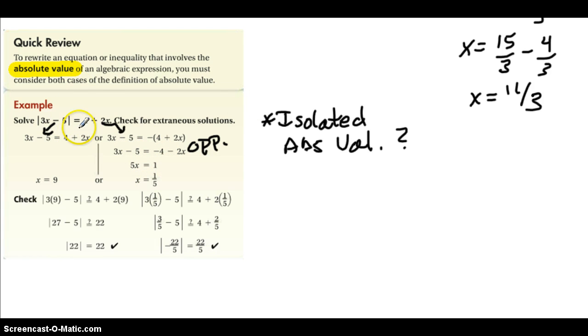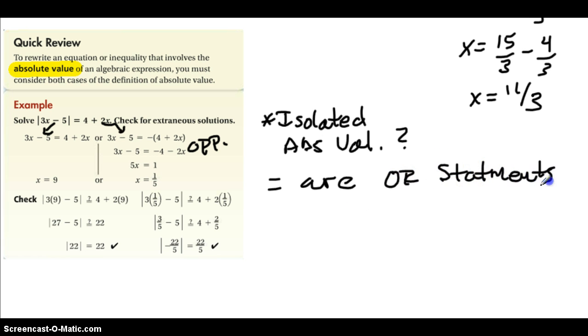Remember, when you have absolute value problems, you really have 2 problems. All equations are OR statements. And if an inequality starts off with greater than or equal to, we know that it's going to be greater, in other words, an or statement.